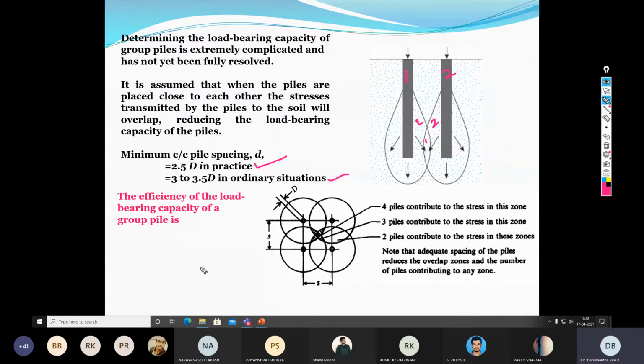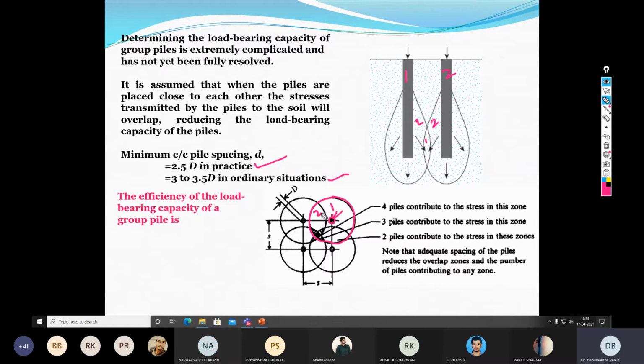Now another illustration that can be made from this figure is, let us look at this 4 pile group. Here the central small circle indicates a pile, while this outer circle indicates the zone of influence, which is nothing but your pressure bulb. Now if you look carefully, there are 3 or 4 specific zones that can be seen. For example, zone 1. In this zone 1, the soil experiences load only from this pile.